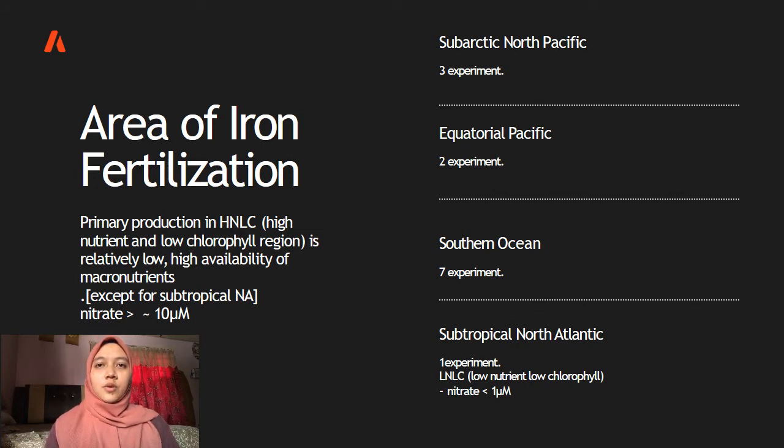The subtropical North Atlantic is known as an LNLC region, which is low nutrient, low chlorophyll, so the amount of nitrate is approximately lower than 1 micromolar.